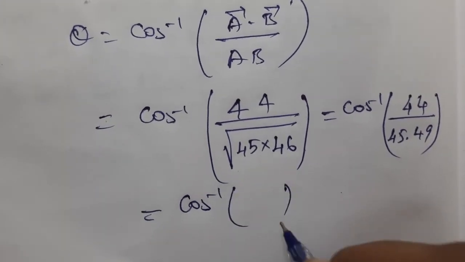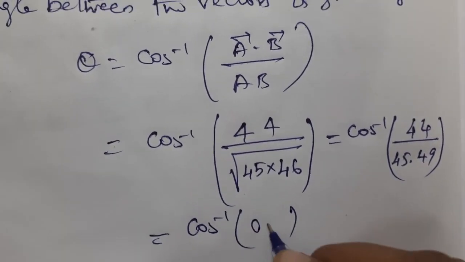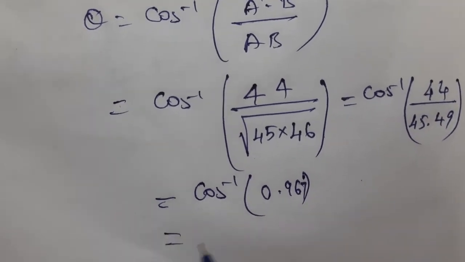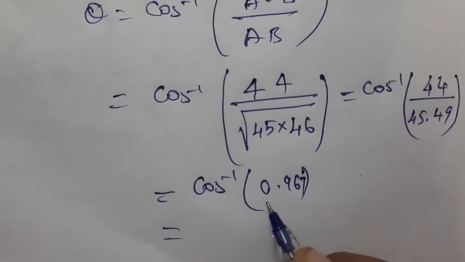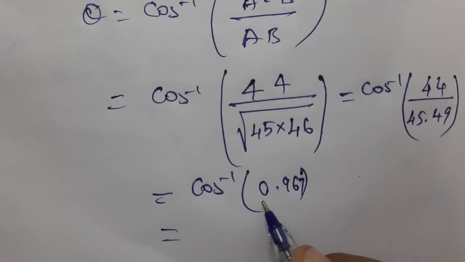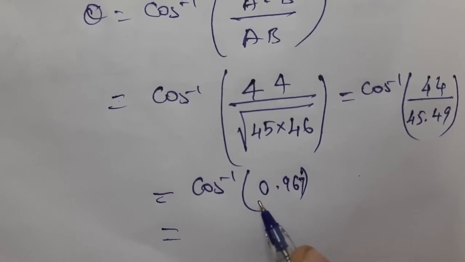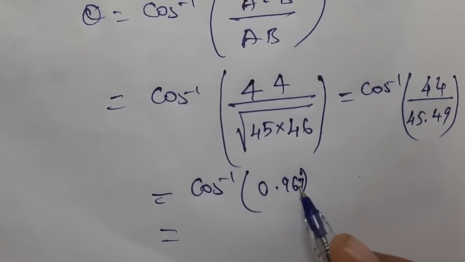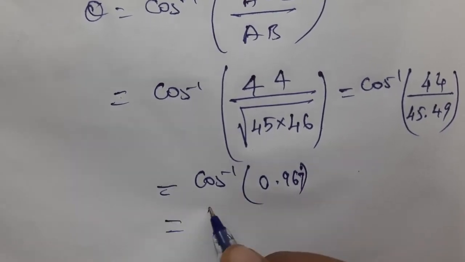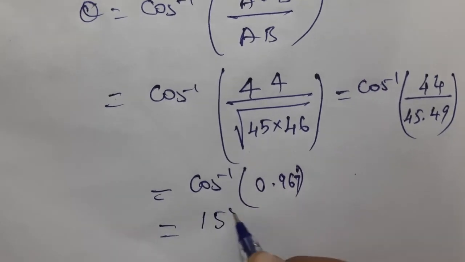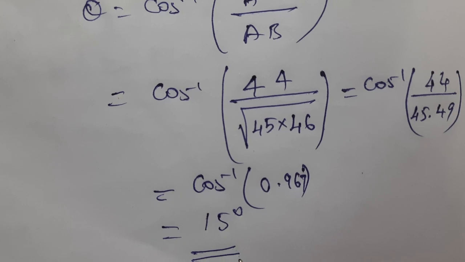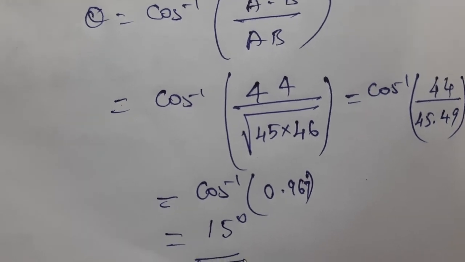So cos inverse of 0.967. In the natural cosine table, we should find the theta value of this 0.967. That is approximately 15 degrees. You should use the natural cosine table from the book bag.